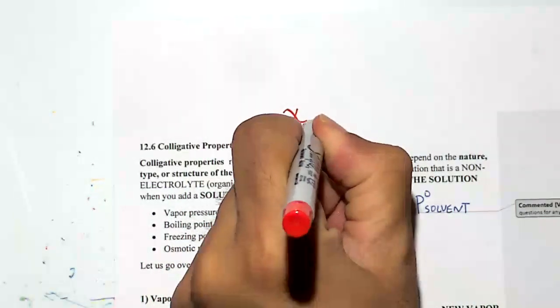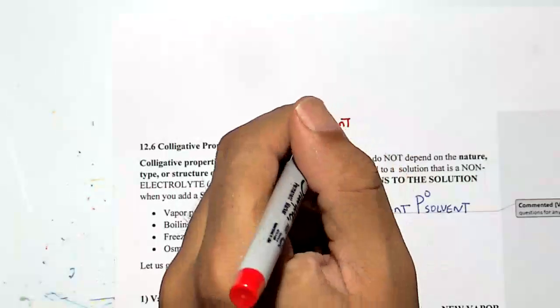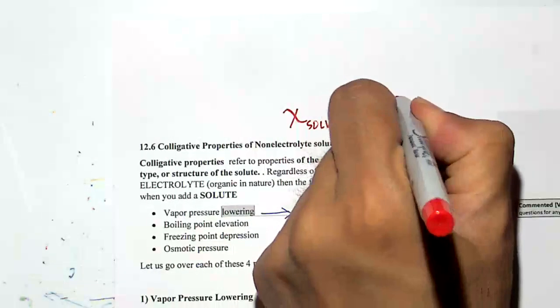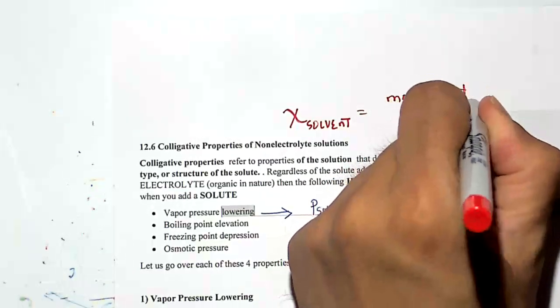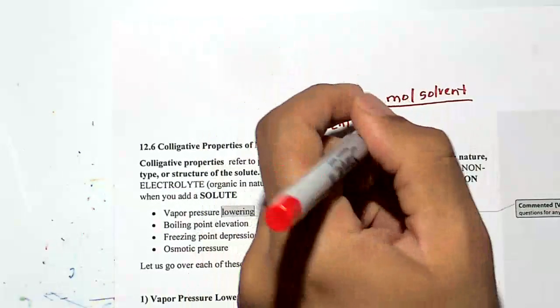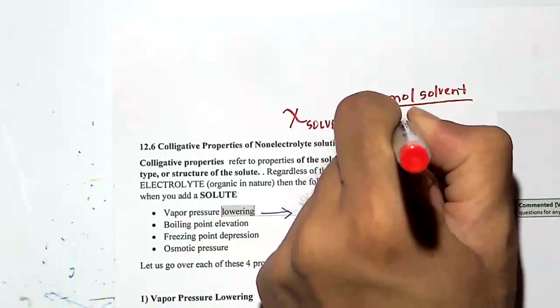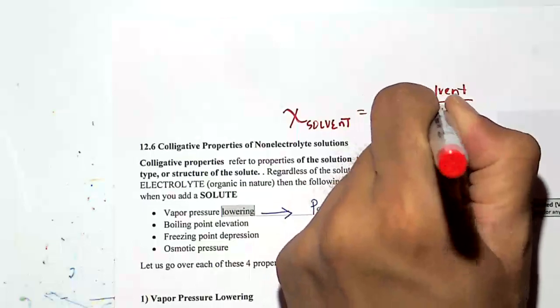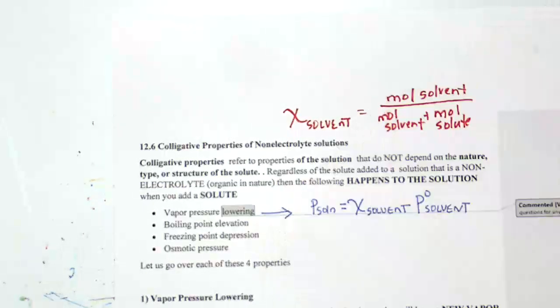This cursive X solvent is mole fraction of the solvent. Solution is solute plus solvent. So this is the moles of the solvent divided by moles of solvent plus moles of solute.